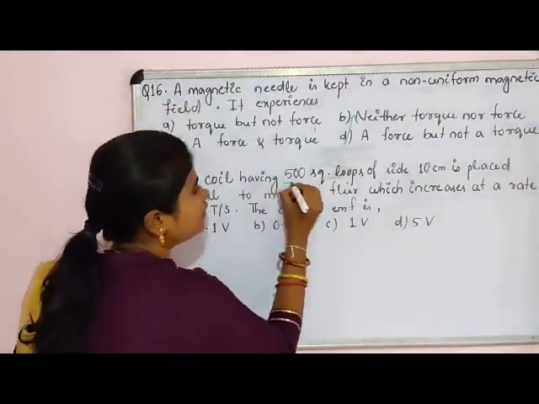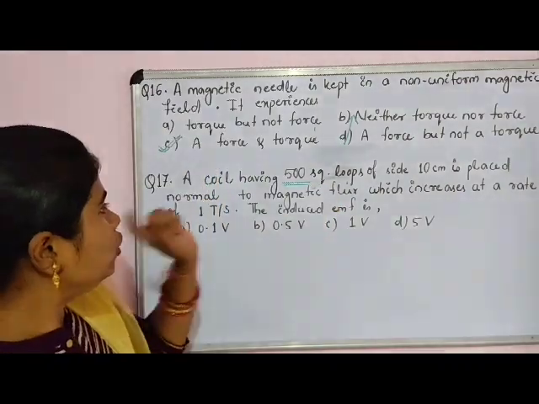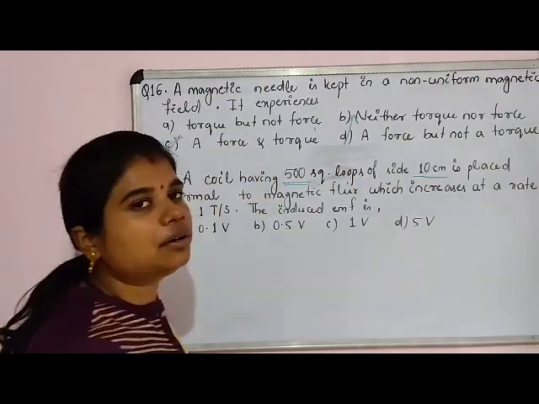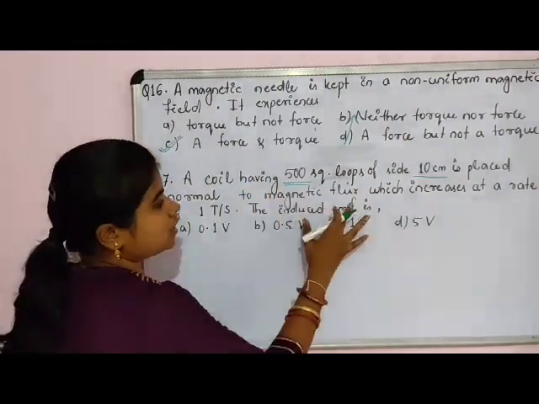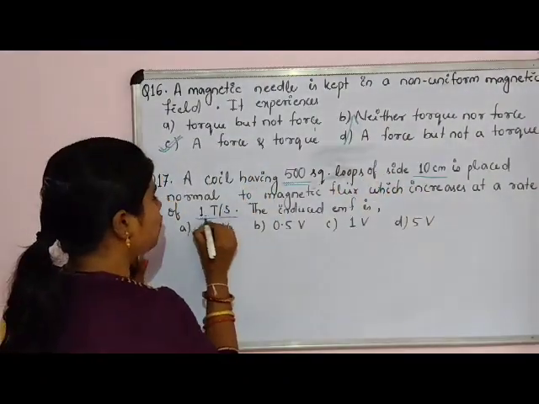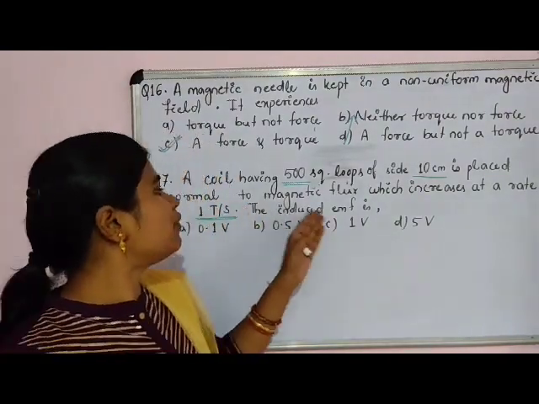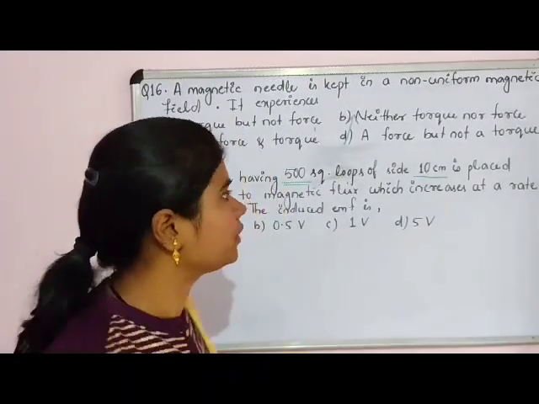The coil has 500 turns. The loop is a square with side 10 centimeter, and the flux increases at a rate of 1 Tesla per second. Then it is asking what is the value of induced EMF.